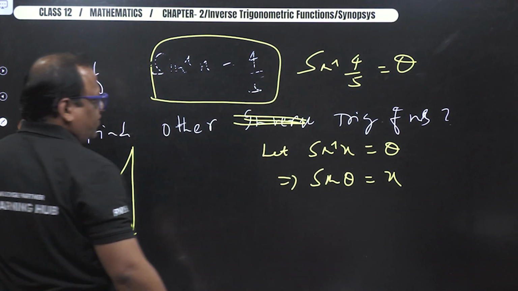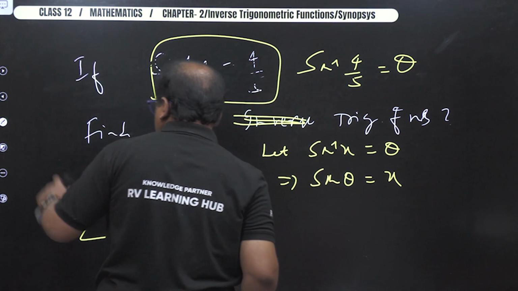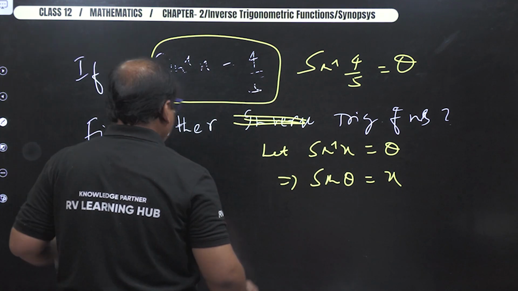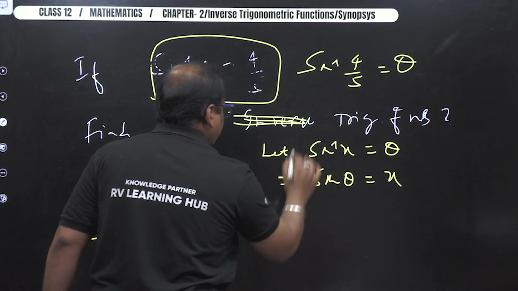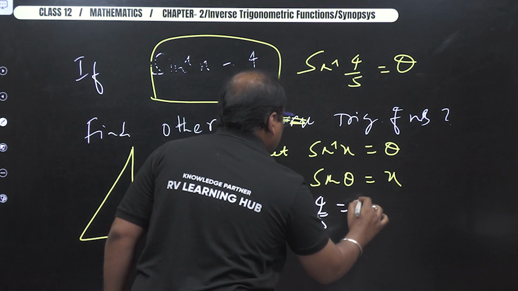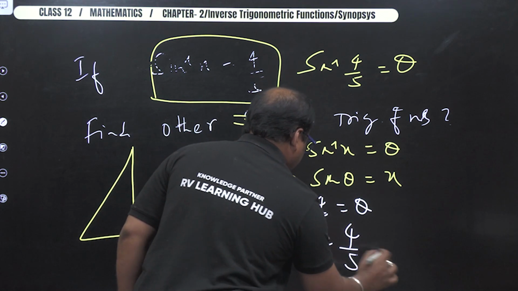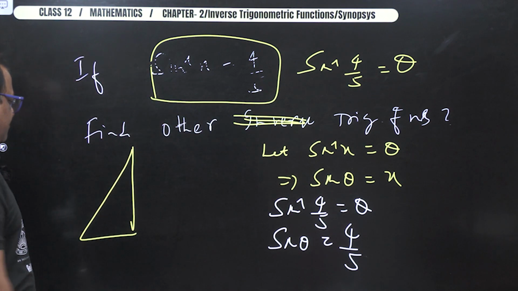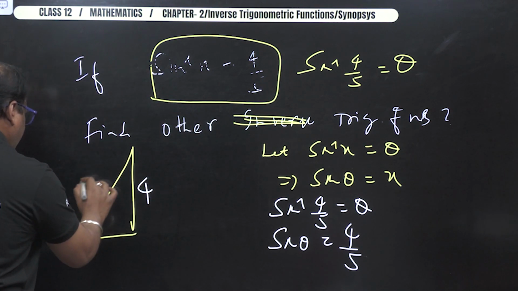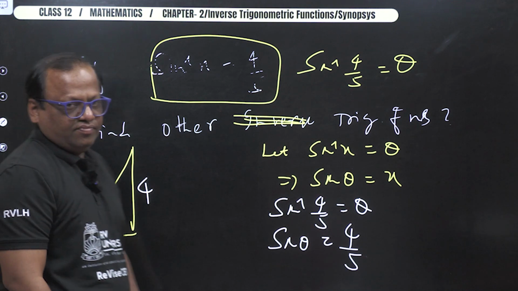Sin inverse of 4 by 5 is equal to theta, so sin theta will be equal to x, so sin theta will be equal to 4 by 5. Look, sin theta is 4 by 5, so this will be theta, and this is nothing but 3.